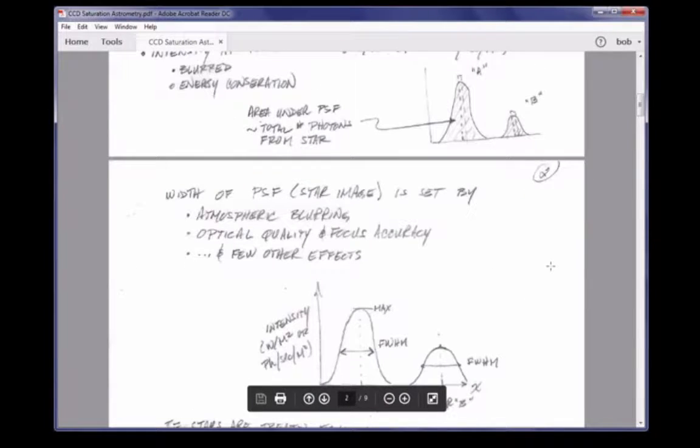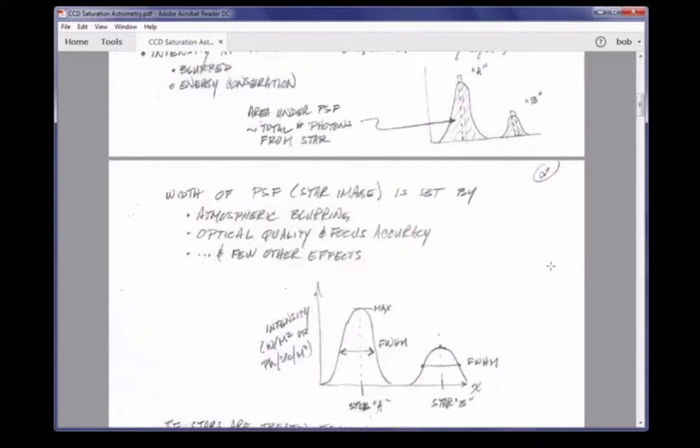Good question. The width of that star image, what we call the PSF, the point spread function, is set by the atmospheric blurring, the heat shimmer and twinkling that you see in the atmosphere. It's set by the optical quality of your telescope and also whether it's focused accurately. If you defocus a little, everything gets blurrier, so that point spread function gets smeared out a little further.